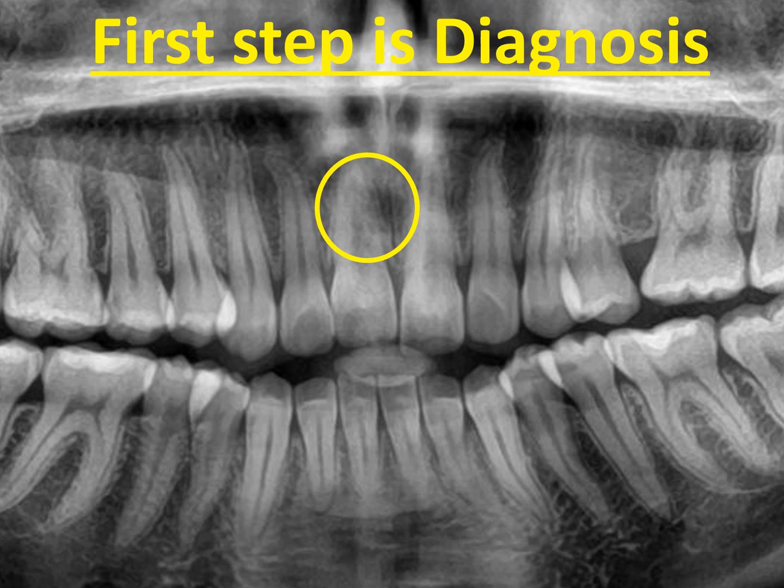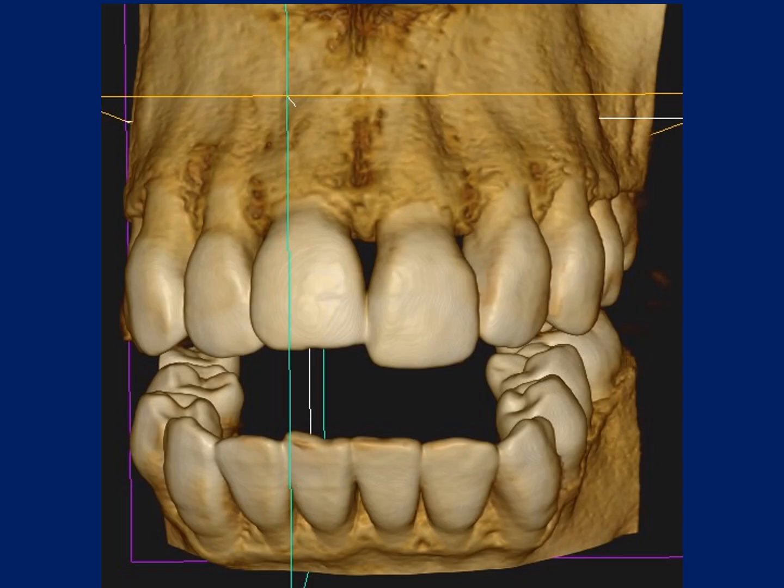First step in our treatment is diagnosis. For example, such a case had a maxillary central incisor with a blurry radiolucency in the middle third of the root. So I had to take a CBCT to verify what this is. I took the animated X-ray, and I saw that there is misalignment of the occlusion.